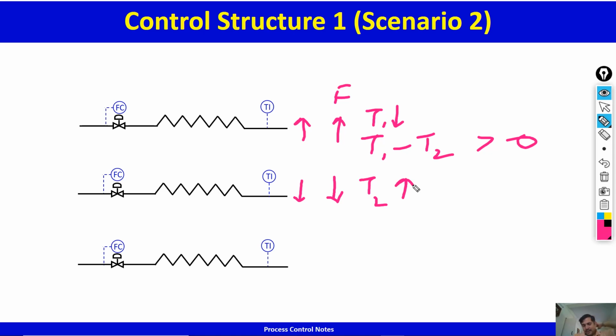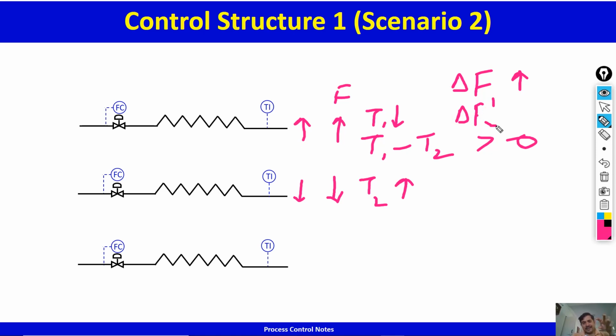Now we also know that we want the total flow to remain constant. So we say, if delta F1 is increased by a certain amount, delta F2 must be decreased, because T1 minus T2 is positive.